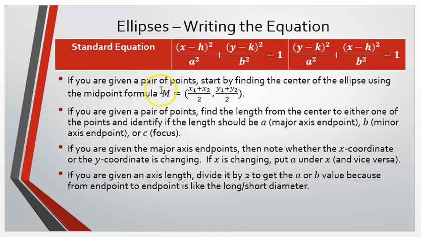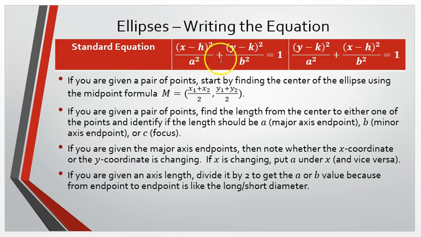If it was the major axis endpoints, then the length from the center to those is A. If it was the minor axis endpoints they gave you, then from the center to either one of those endpoints is B. And if it was the foci that they gave you, then the distance from the center to that value is C. So make sure you are tying the terms: major axis endpoint with A, minor axis with B, and focus with C. Tying those terms with the variables will help you a lot.